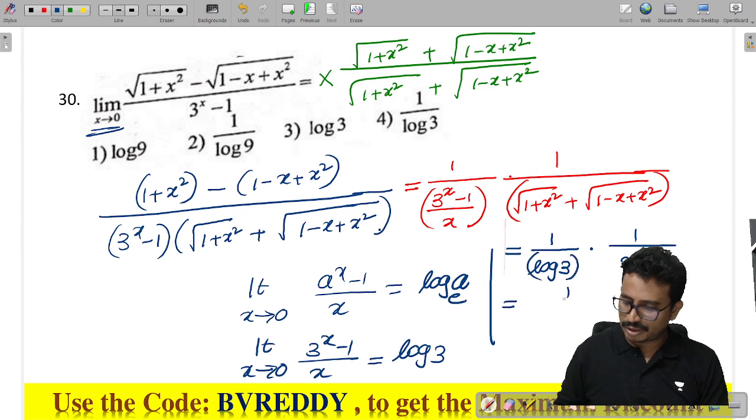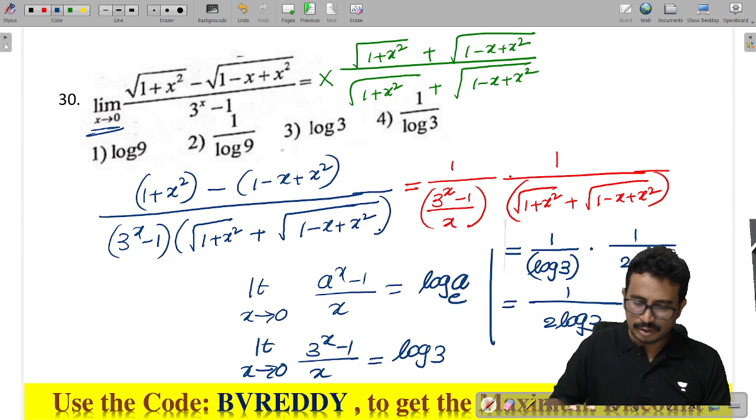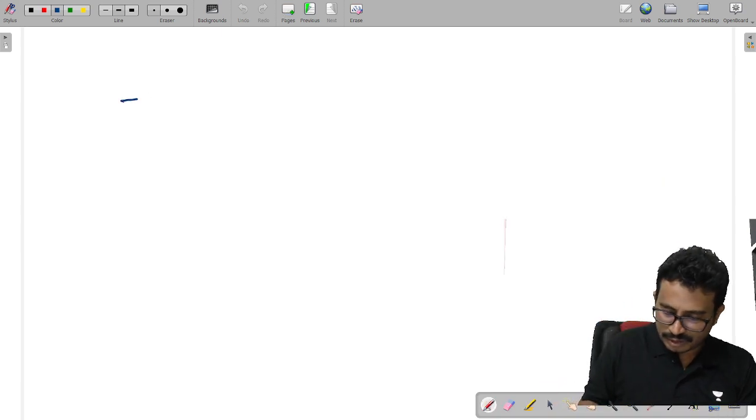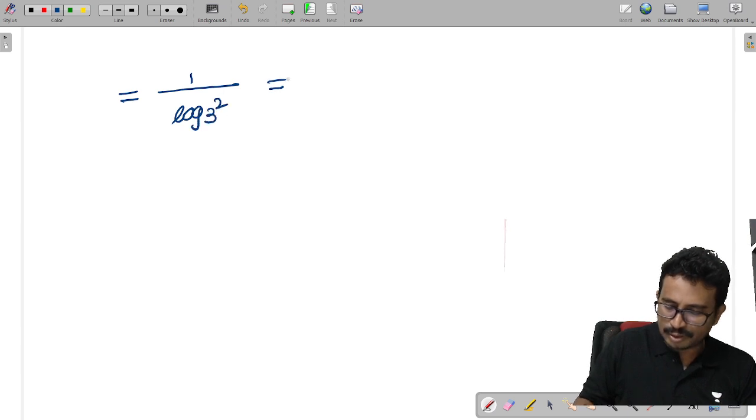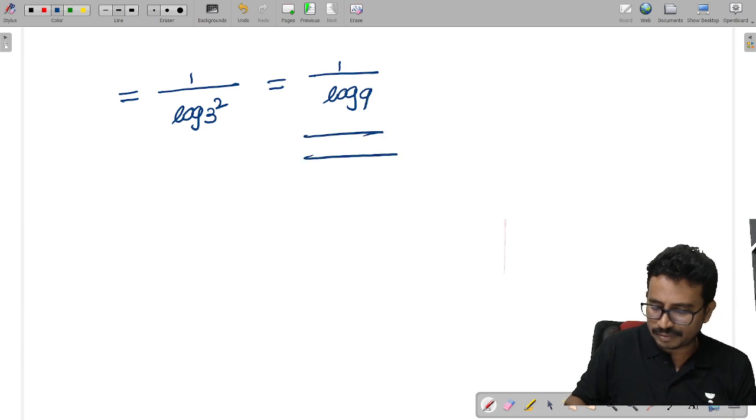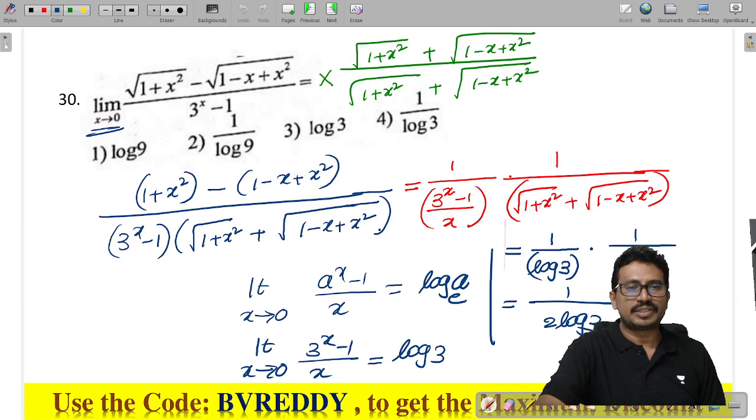So the answer is 1 by 2 log 3. That means the final answer is 1 by log 3 square, which is equal to 1 by log 9. This is the final answer.